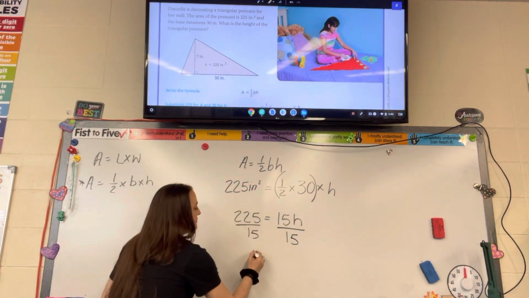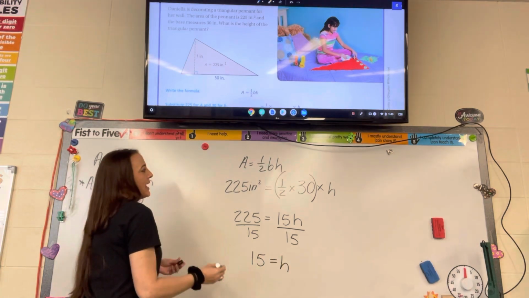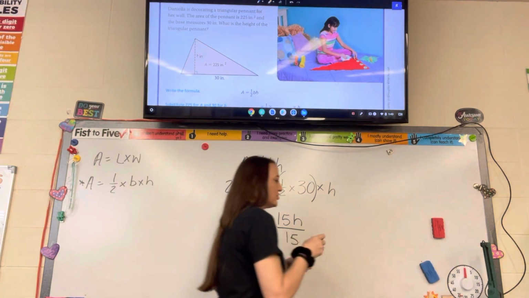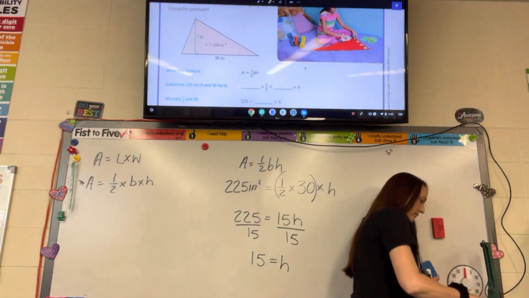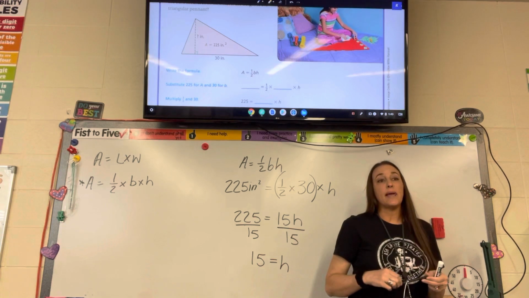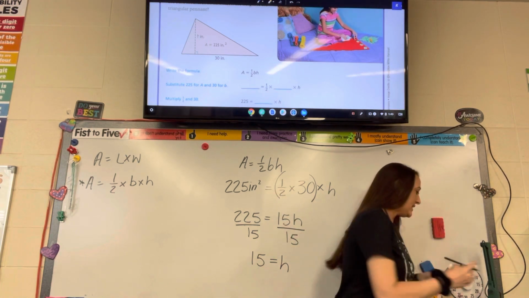225 divided by 15 is 15, so 15 equals h. So the height of this triangle is 15 what? Inches, not inches squared, because that's the area. It's 15 inches.